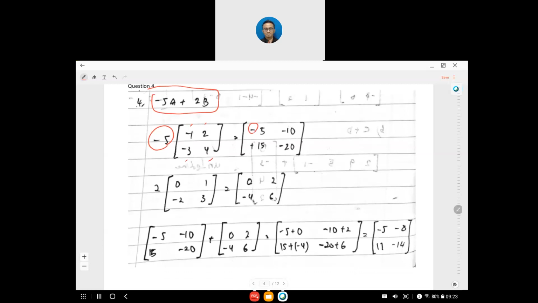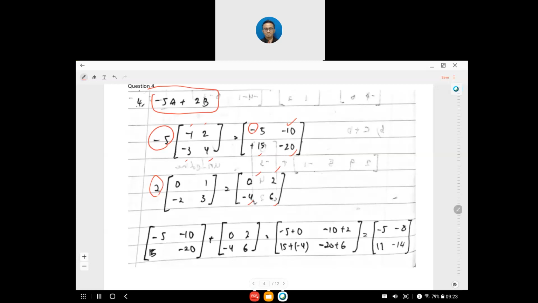And then negative 5 times 2 is negative 10. Negative 5 times negative 3 is 15. And then negative 5 times 4 is negative 20. Same thing for the second one, 2B. 2 times matrix 0, 1, negative 2, 3 equals 0, 2, negative 4, 6.